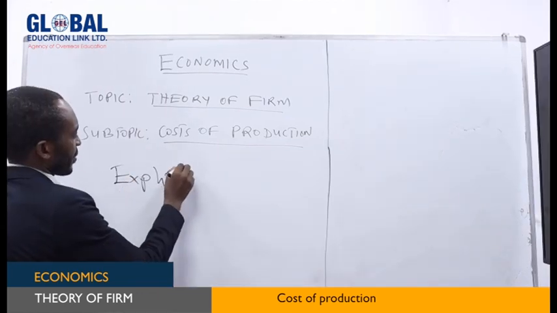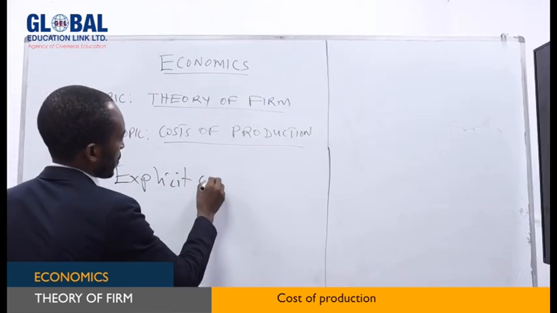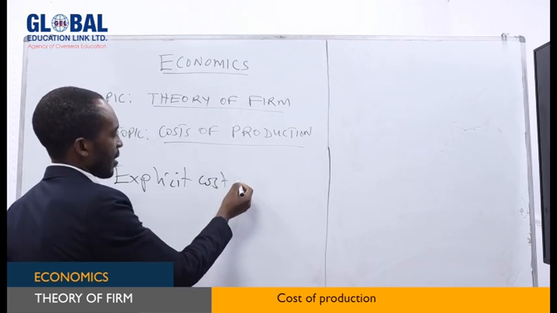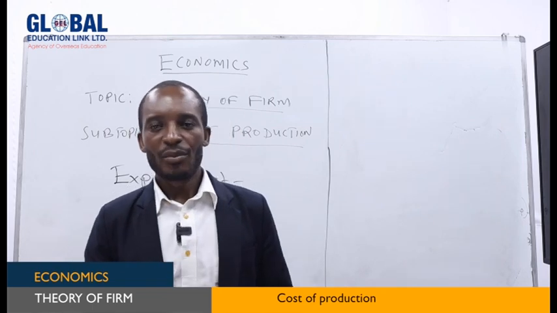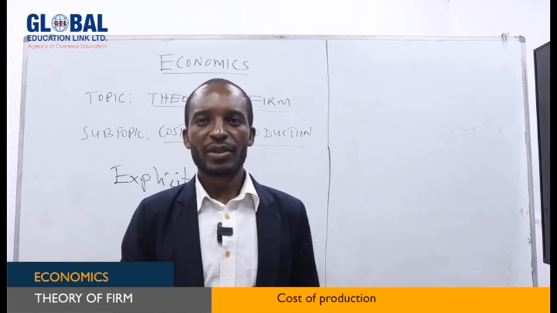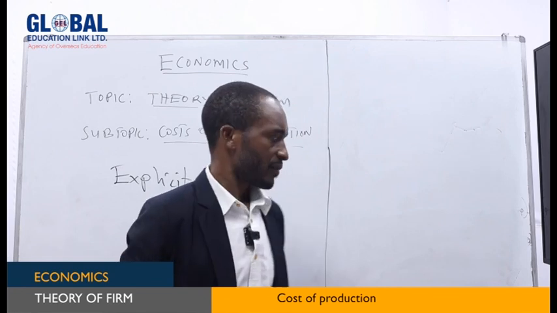Explicit cost: these are the sum of total fixed cost plus total variable cost.